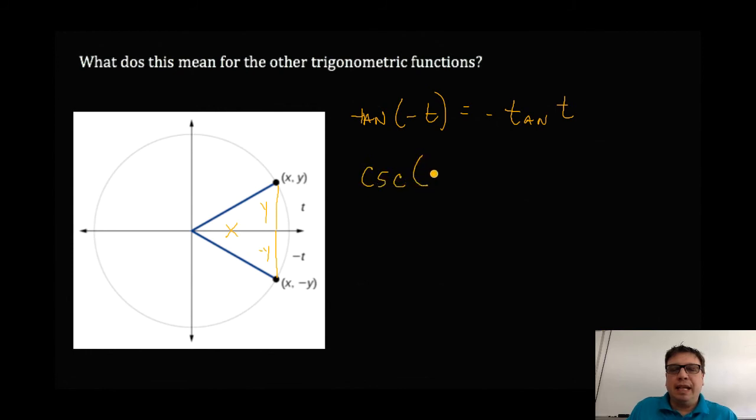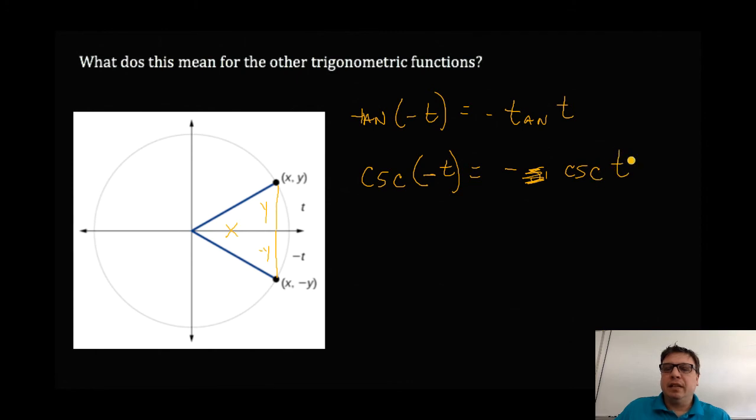Okay. Now let's go with cosecant. Cosecant of negative t. Well, the nice thing is, remember the cosecant is nothing more than the reciprocal of the sine. So if I just flip it, that means the signs, S-I-G-N-S, are all going to remain the same. So if sine, S-I-N-E, was an odd function, then its reciprocal function will also be an odd function. Negative cosecant t.